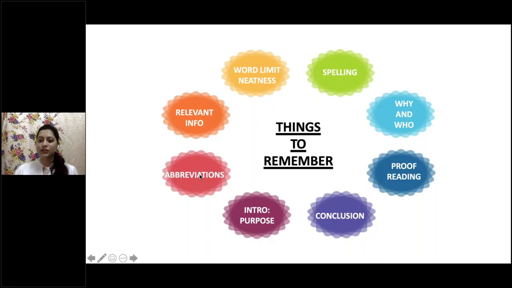Abbreviations. So try to expand abbreviations wherever possible, or if it's a medical jargon and if you're writing to somebody higher up, then you can use the abbreviations, there is no problem. But as much as possible, try to expand it. Don't expand it and then again use abbreviation beside it. Just either stick to the abbreviated form or stick to the expanded form.